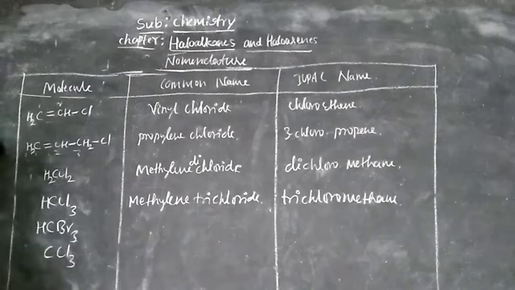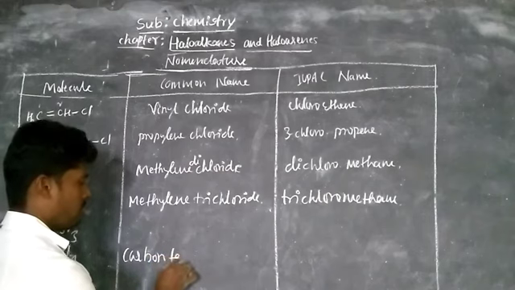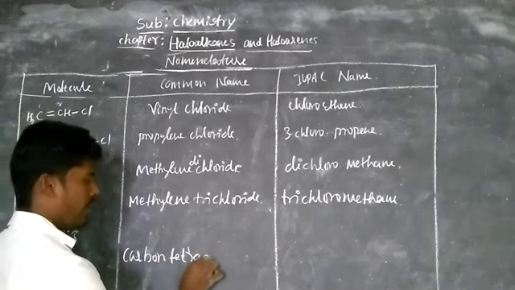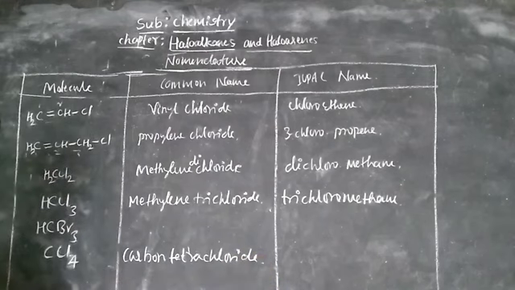In case of chloride you write bromide. Here, how many carbons are there? Not 3, this is 4. CCl4. Its common name is carbon tetrachloride, and the IUPAC name is tetrachloromethane.